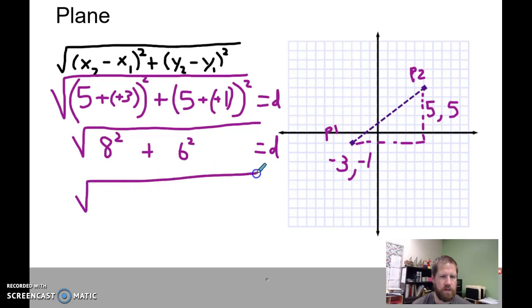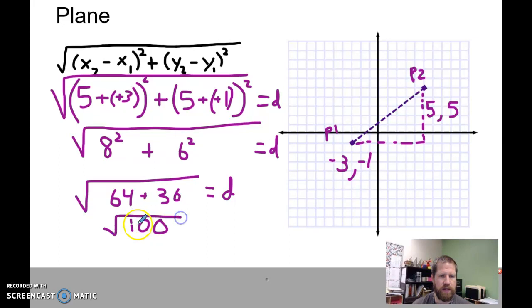And your square root, 8 squared is 64, and if it's under 12, that should be one that you've memorized. So 64 plus 6 squared, which is 36. I can actually shorten up my square root bar now. 64 plus 36 is equal to 100.